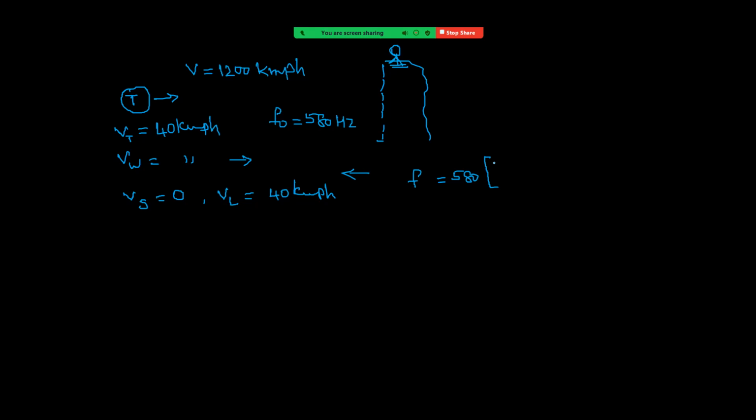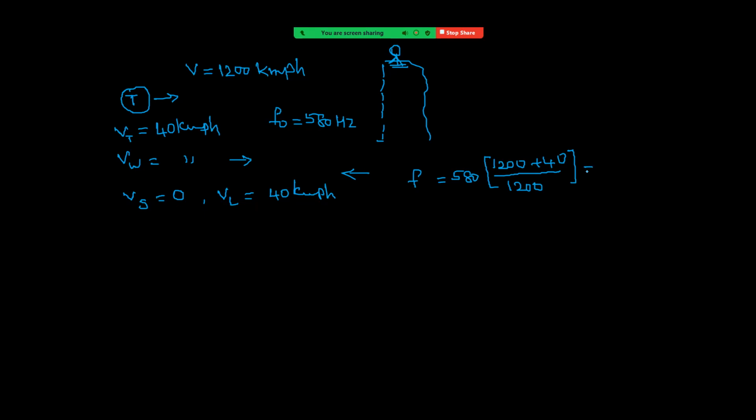Speed of sound 1200. He is moving towards the source, so plus 40. Source is not moving, it is 0 with respect to medium. So it is now 1200.